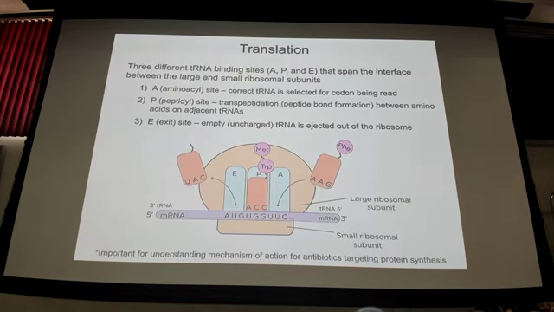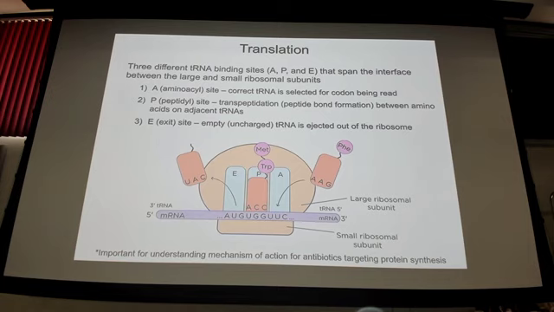All right, so when we get down to translation, brass tacks, now we're back in the ribosome, which we said was about 60% ribosomal RNA and about 40% protein. We have three different sites in the big ribosomal subunit, the 50S, that correspond to different actions that have to happen to get this growing chain of polypeptides.